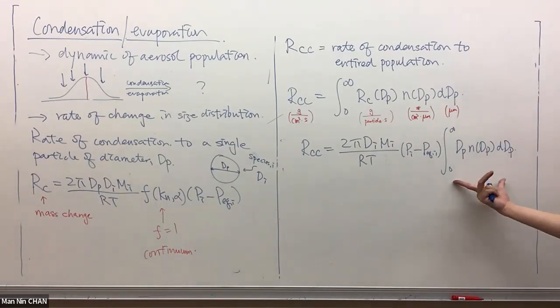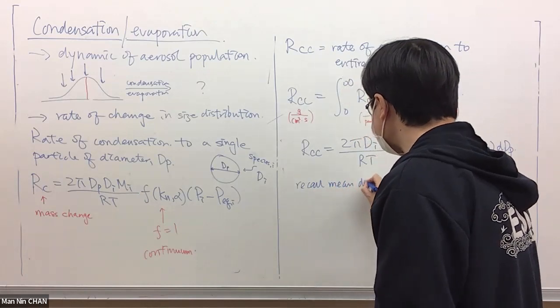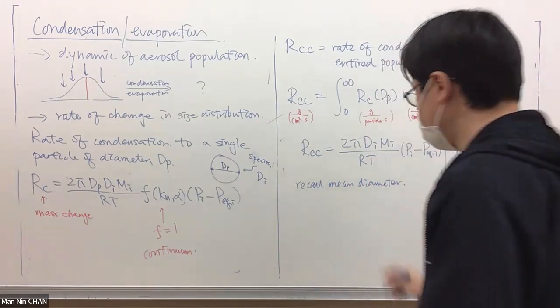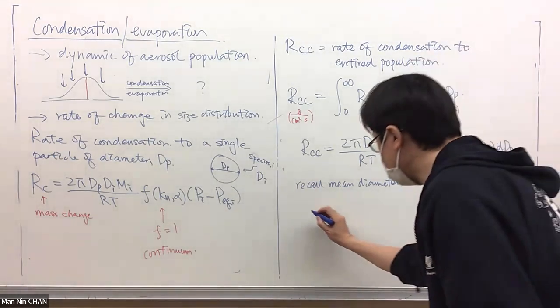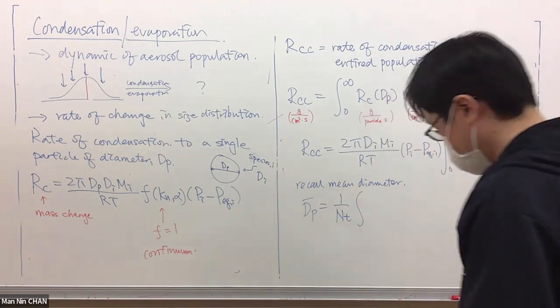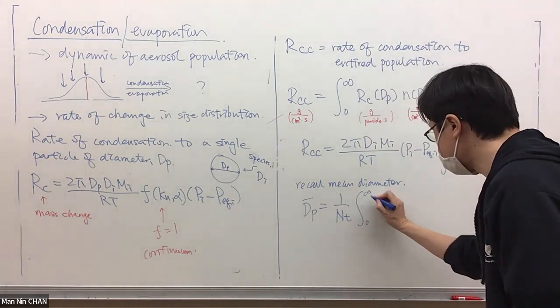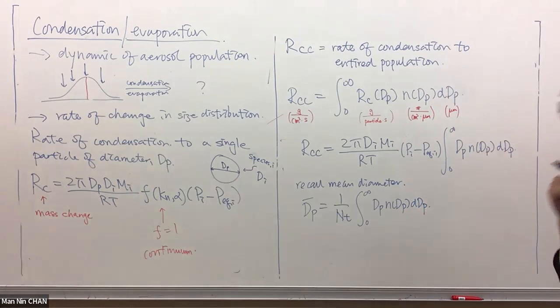But one thing is, if you look at these terms, what are the terms here? If you remember, when I take this integration, just to recall, if you want to define what we call the mean diameter, so what's the mean diameter? dp mean will be equal to 1 over Nt, take the integration.